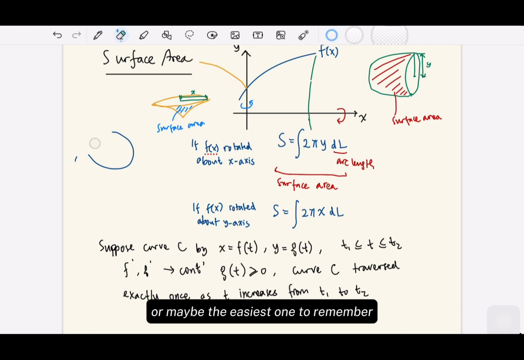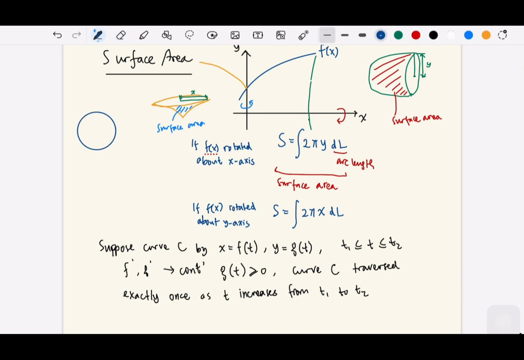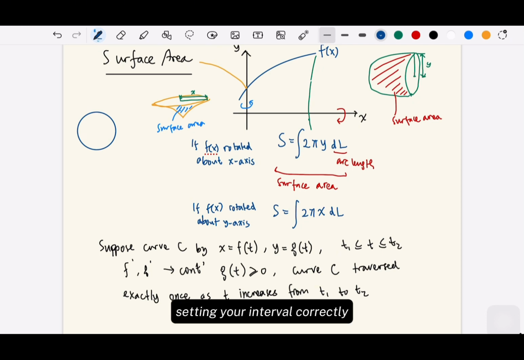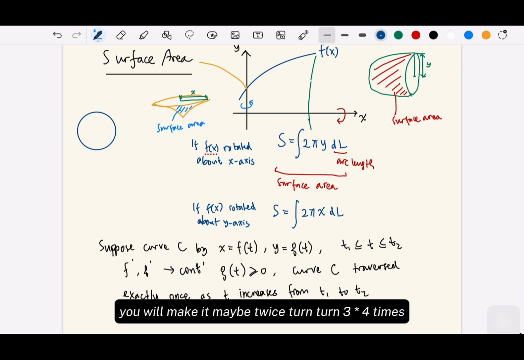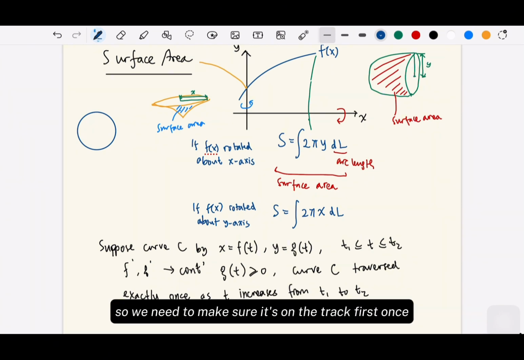Maybe the easiest one to remember is just a circle. If you are not setting your interval correctly, you will traverse it maybe twice, three times, four times, but it's just a circle, right? So we need to make sure it's only traversed once.